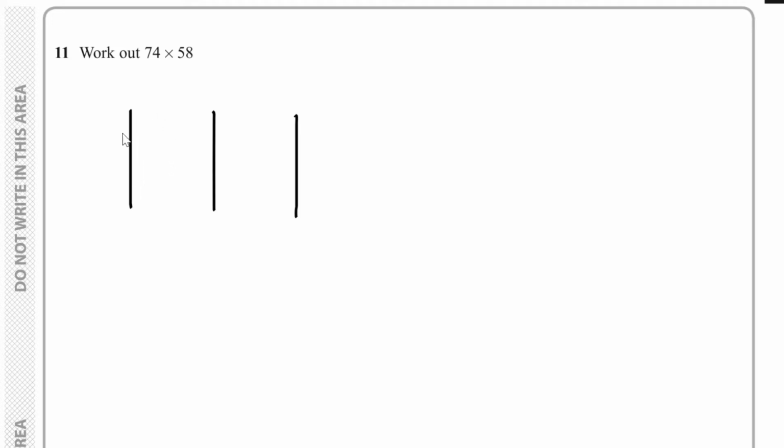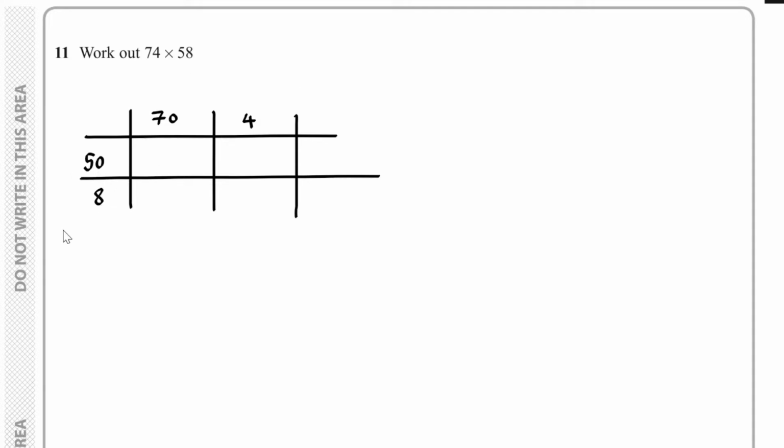And then we've got something over here, and then we've got something over here. So we've got the 74, which we can rewrite as 70 plus 4. We've got the 58, which we can rewrite as 50 and 8. So if we multiply these together, 70 times by 50, that's 3,500. 50 times by 4, that's 200.